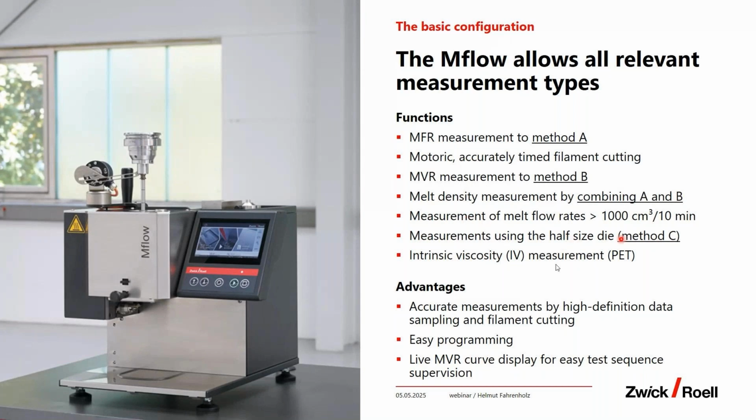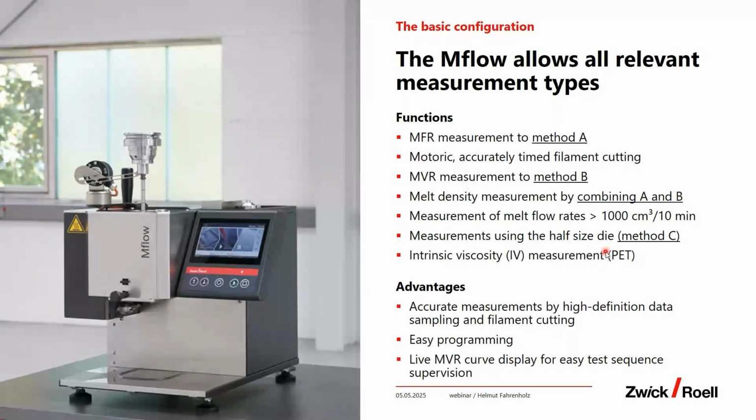You can also use it for method C, for very high flow rates, and for intrinsic viscosity conversions. So it can do everything you need, but it stays a little bit manual.